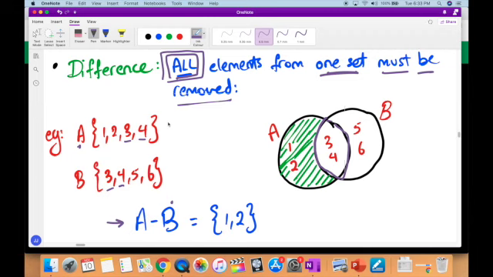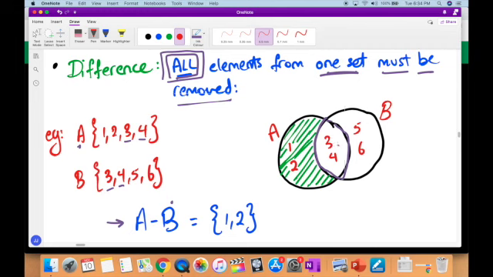Everything that had to do with that friend, you let go of. So A minus B means that I am letting go of every single thing that has to do with B. So I don't want nothing.